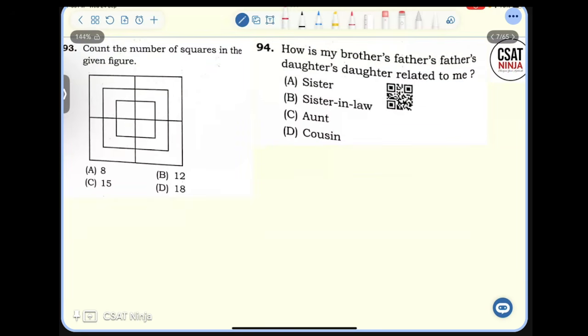Now this one. If you have identified counting figures, then it's very easy. I'll just tell you a concept here. If you have a box, and inside the box there's a cross mark, and you also find the number of squares, then there will be 5. Why 5? This one is 1, 2, 3, 4, and 5. So I'll create a formula like this.